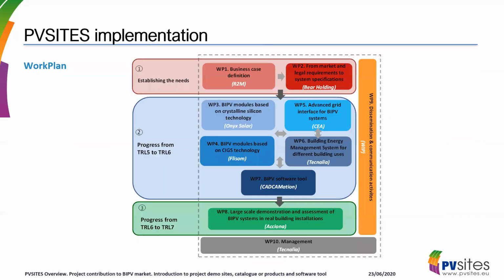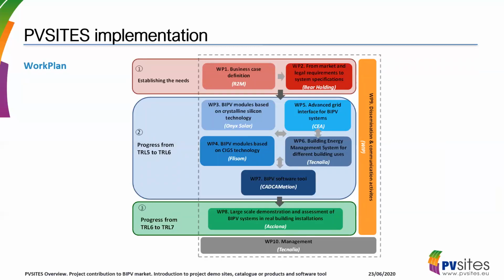So this is just one slide to show how we have implemented the PVSITES project. First, establishing the needs from the market and from analyzing the business cases, defining special business cases for BIPV, and also analyzing the market needs, including legal requirements and standardization requirements. Once we identify these needs, what we did is to develop solutions for these needs.